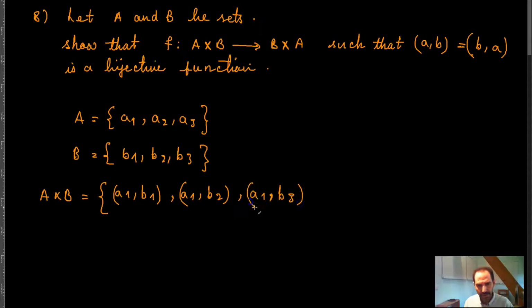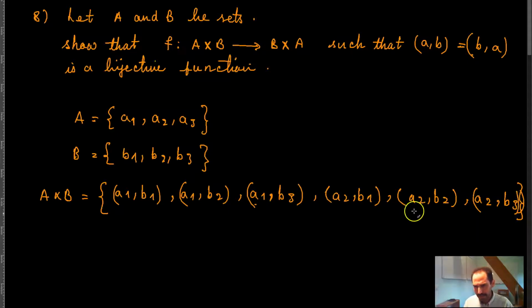A1 comma B3, then A2 comma B1, A2 comma B2, and A2 comma B3. Oh sorry, I wasn't supposed to close that.